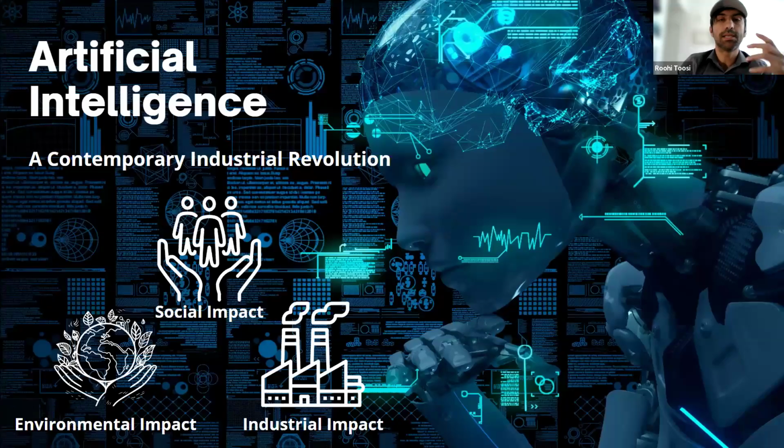But let me get a little bit more into the AI philosophy. I like this part of the discussion and consider myself an AI philosopher. I personally believe AI is a contemporary industrial revolution, meaning that it's going to impact the way that we interact with each other, the way that we do our work, and also our environment.